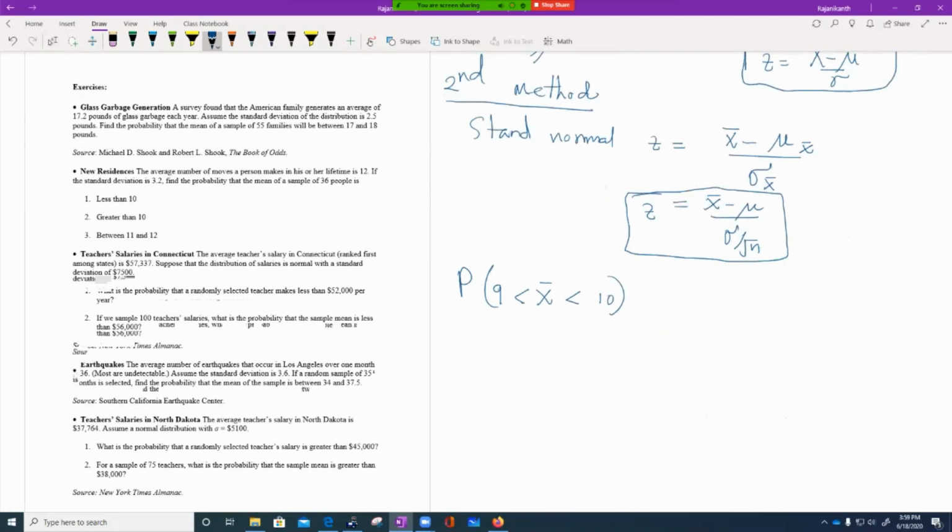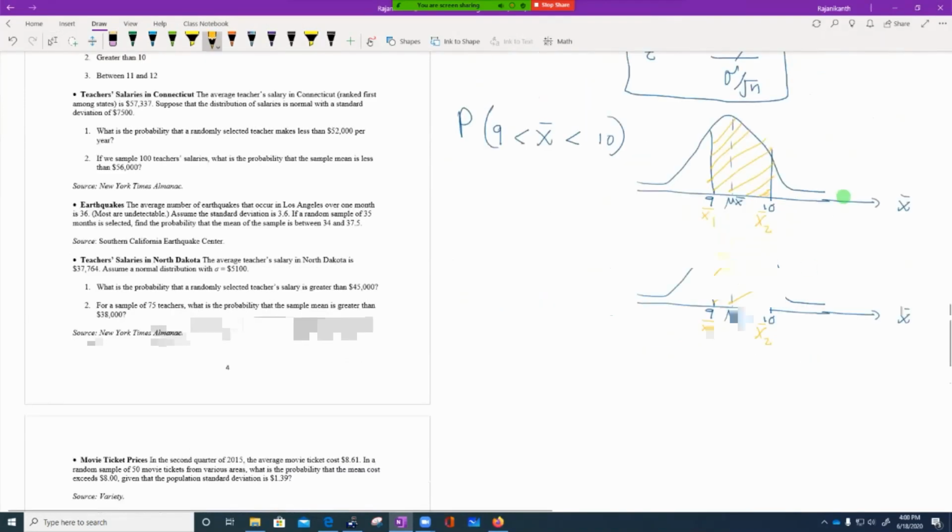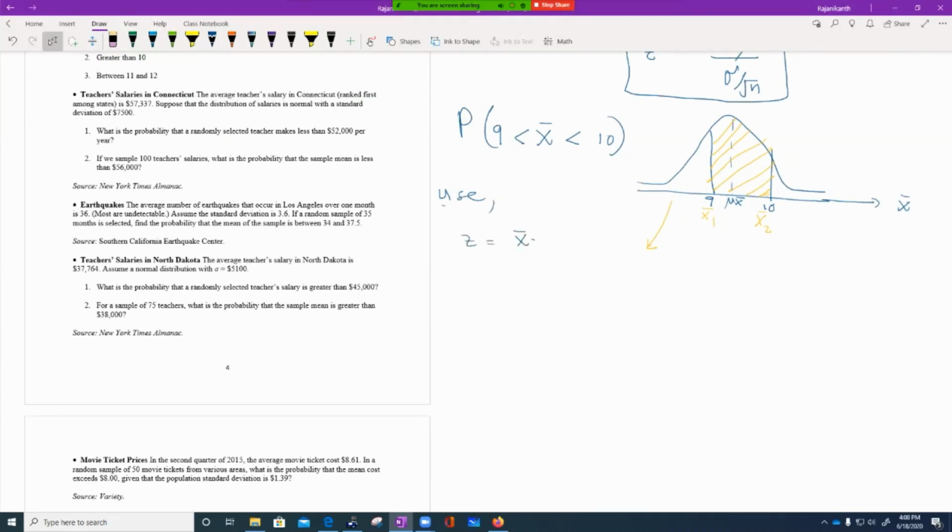Okay. So let me draw the picture one more time. Suppose we keep these two values as x1 bar and x2 bar, so now you could change this picture into the standard normal. So use the standard normal formula, z as x bar minus mu over standard deviation over square root n.